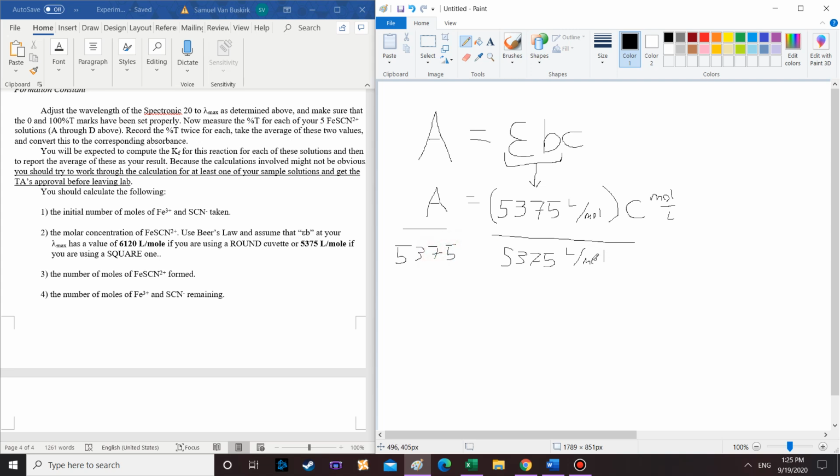Since the liters per mole units are being divided on this side, they're going to switch: the numerator becomes the denominator and the denominator becomes the numerator, becoming moles per liter, the concentration units that we want. So that all checks out.